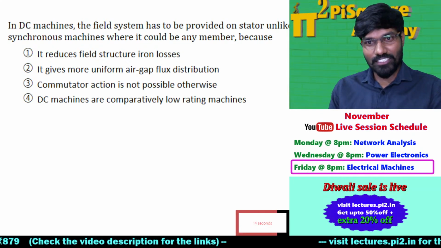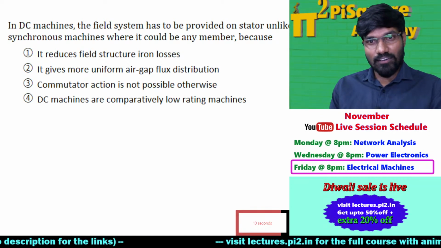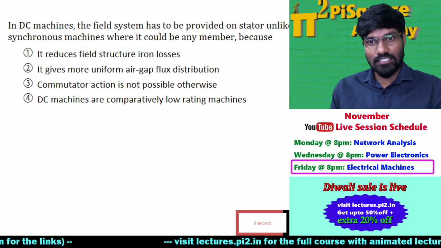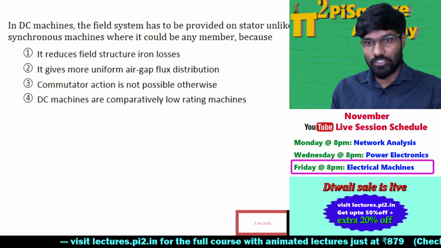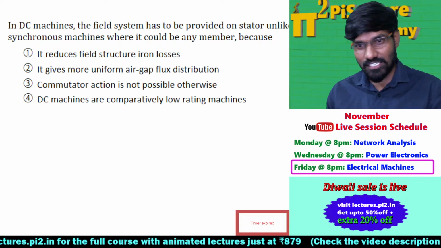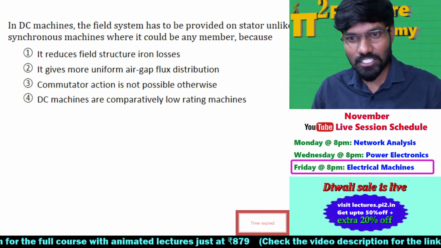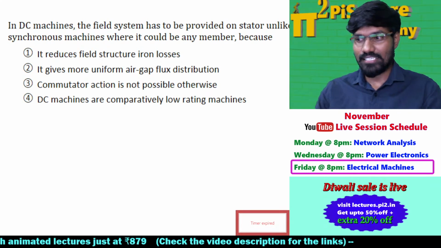Four, 3, 3, 2. Subhash is saying 2. Bhargav 2. Kusuma 3. Srivastava 3. Anil 2. You are getting different options. Time's up. We have mixed options. Let's see what's the right answer.